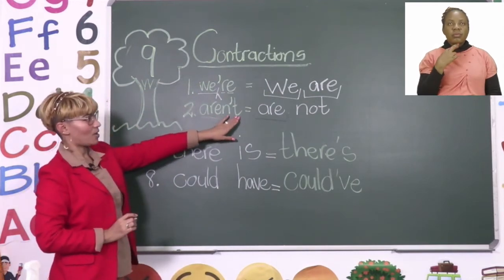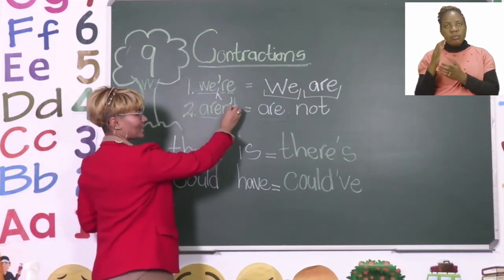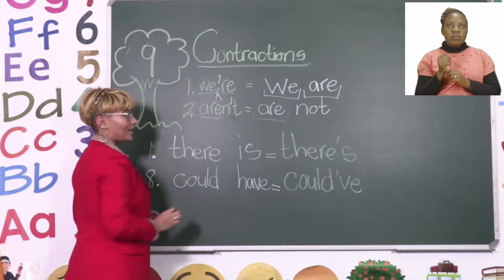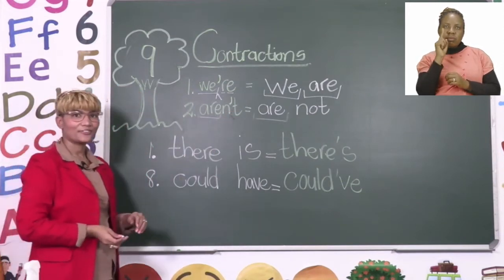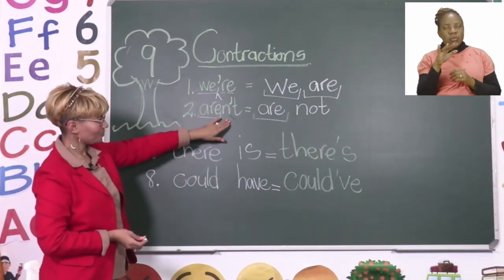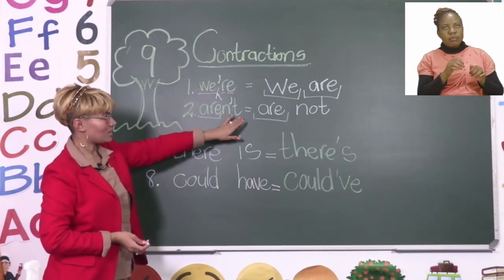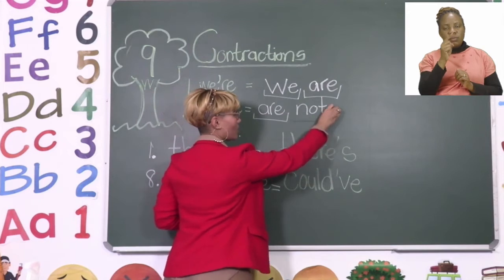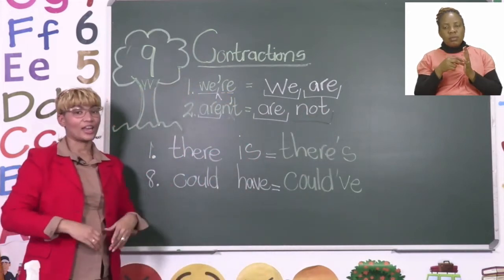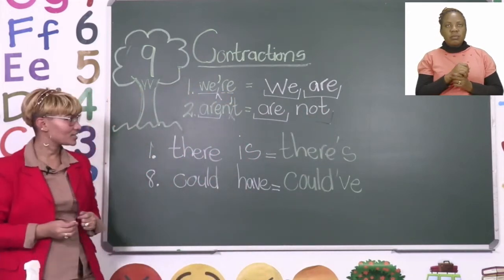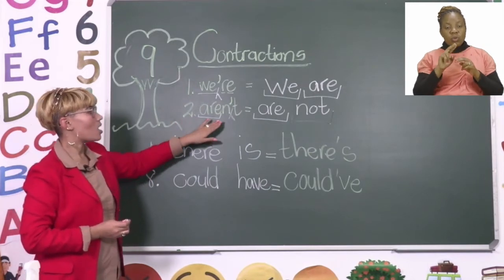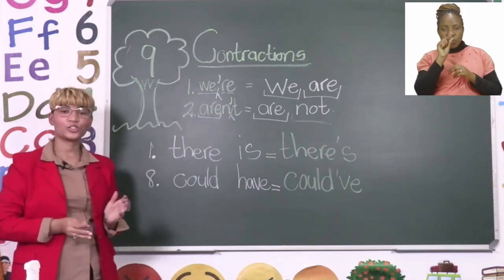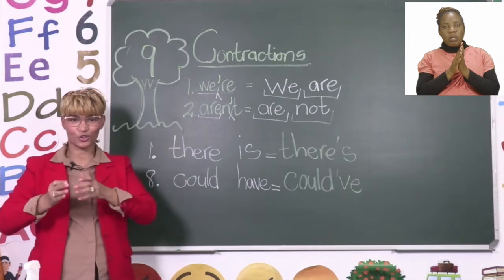And the second part, once again, here you will see a letter was left out. So here it means not. So are not. And when we use it in a contraction, the word becomes aren't, which means are not.